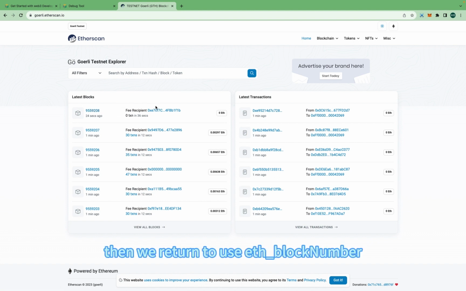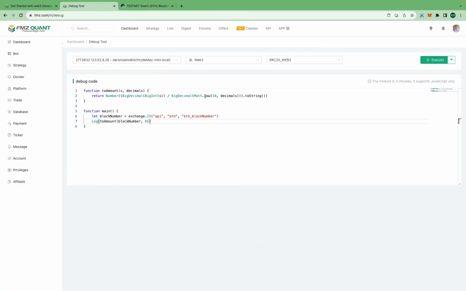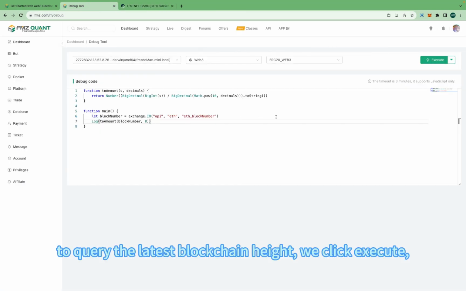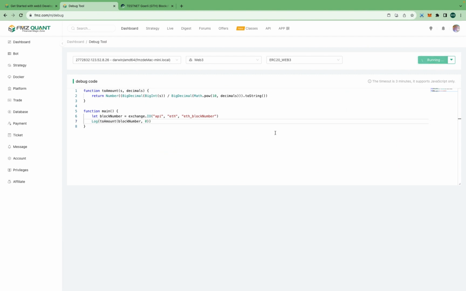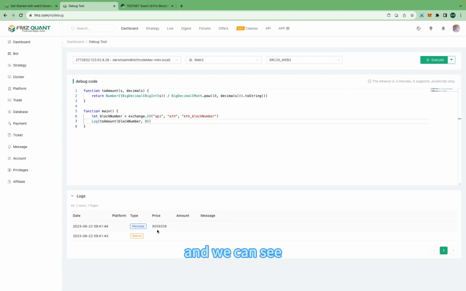Then we return to use ETH block number to query the latest block height, we click Execute. And we can see it has been updated to 9559209. It proved that the two return results are consistent here.